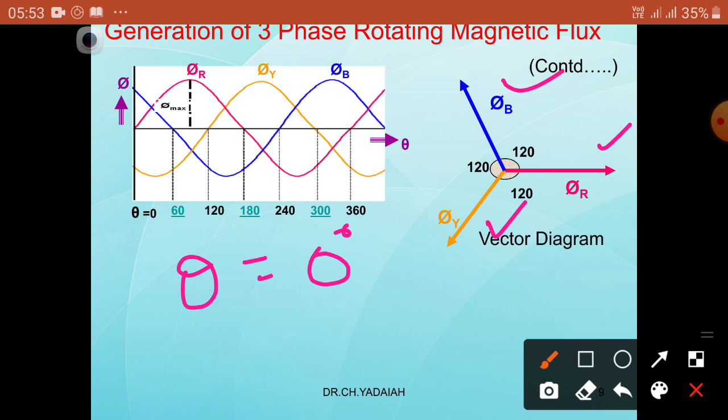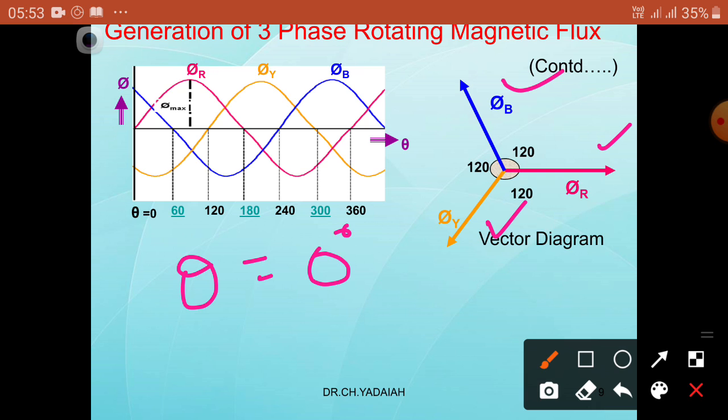While rotating at synchronous speed, what is the resultant value due to these magnetic fields at different angles? That is our aim. Initially, at standstill, starting at 0 degrees, what is the resultant of the R phase, Y phase, and B phase magnetic fields? We are going to analyse it.